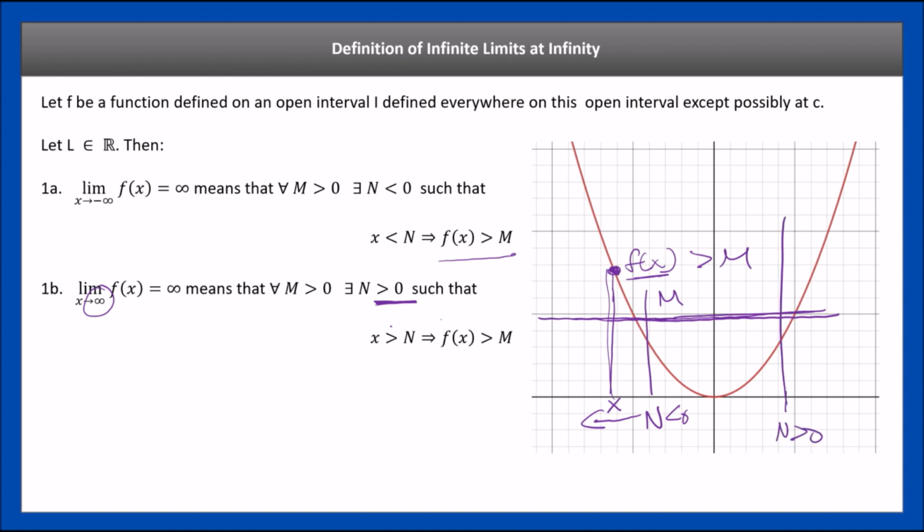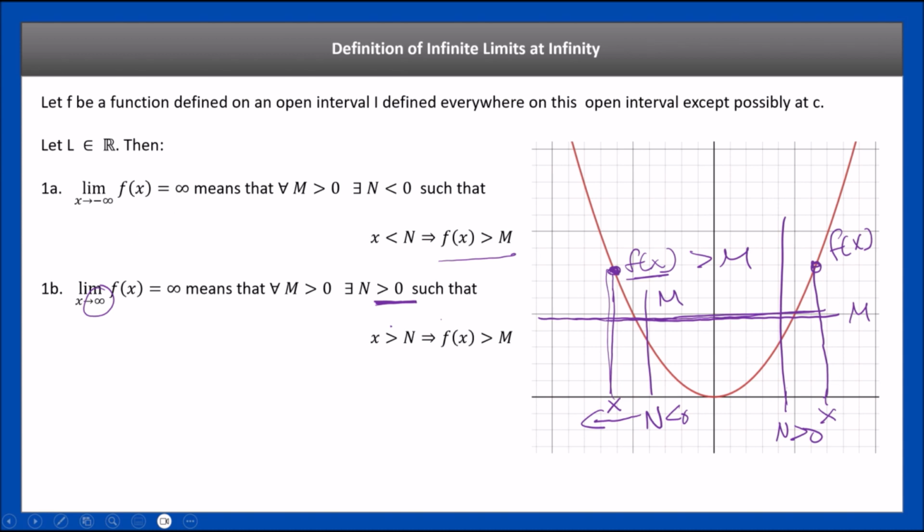So again, same thing. There exists an N such that if x is greater than that N, which means x has to be on the right side, the function at x is going to be greater than M. And remember, this is the M line, so f of x is above it. Okay, hopefully that made sense.